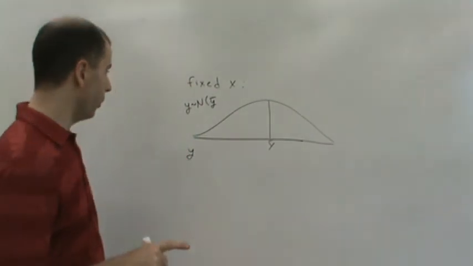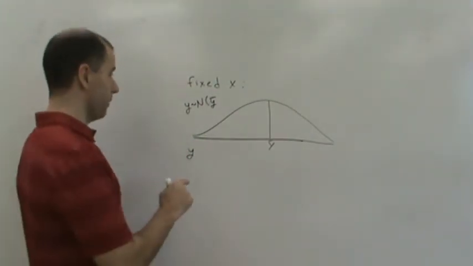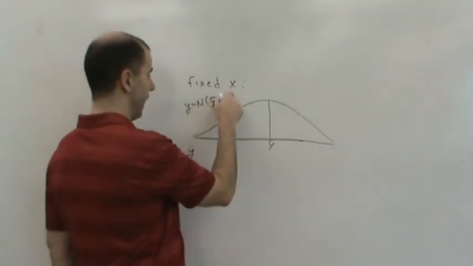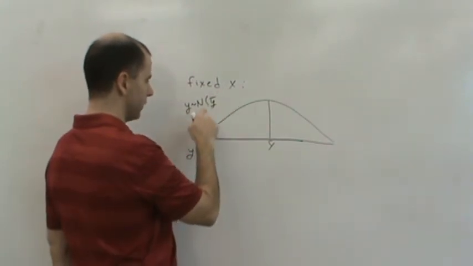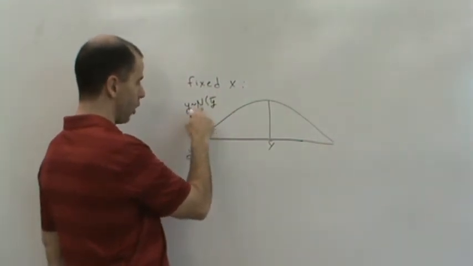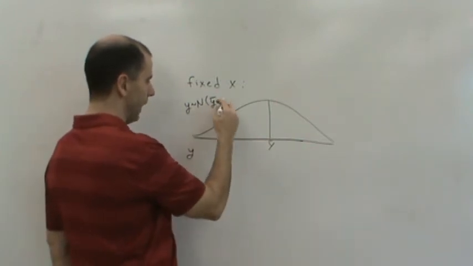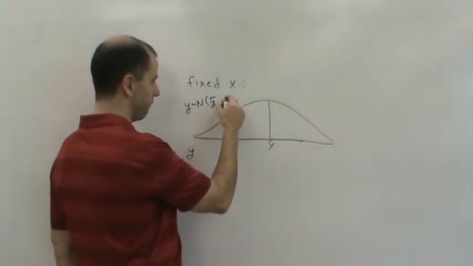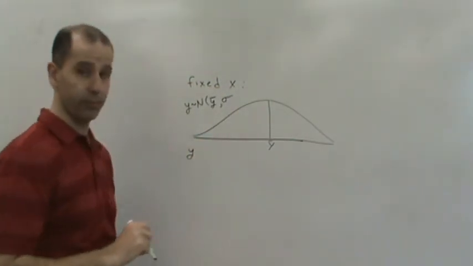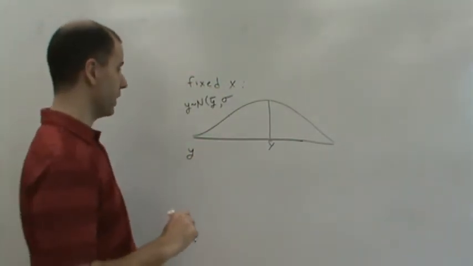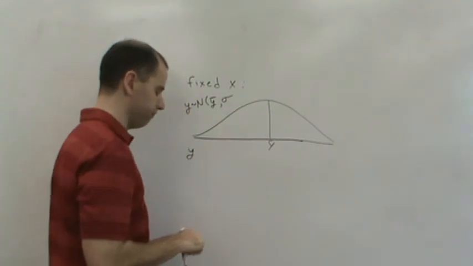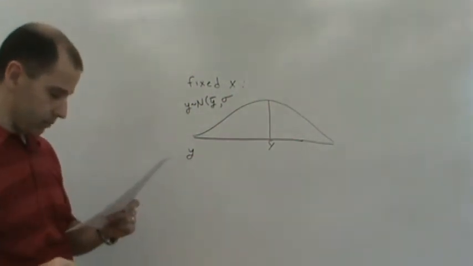So for a fixed value of x, the y's are going to be normally distributed about the mean y bar, and it's going to have a standard deviation, sigma, of the y's.